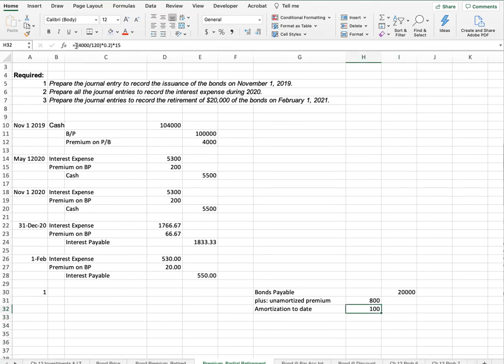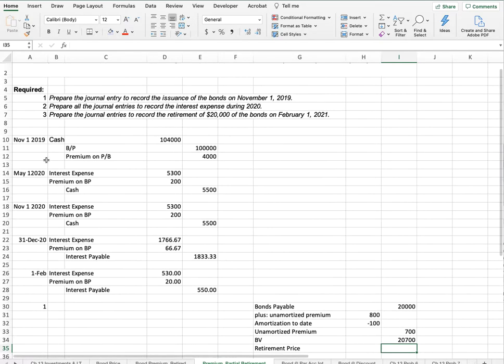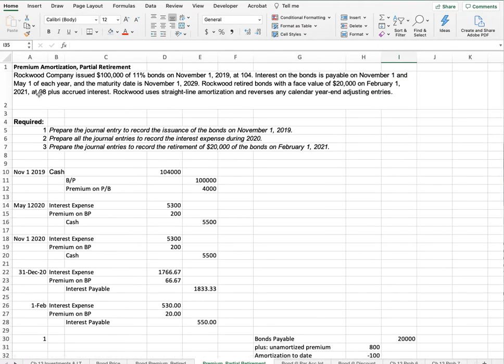So we get 100, and we'd really want this to be in the negative. And so that gives us an unamortized premium of 700. And so based on that, we can determine the book value of this 20%, or the 20,000 worth of bonds, of 20,700. At retirement, they're telling us that it is at 98.